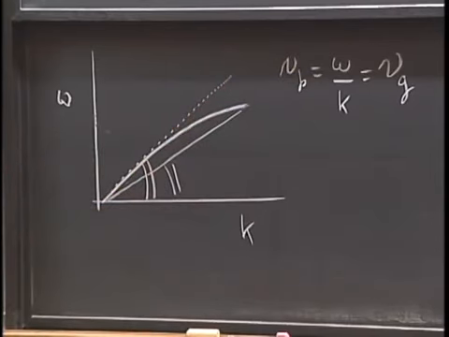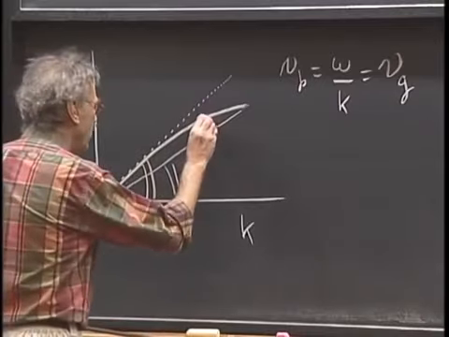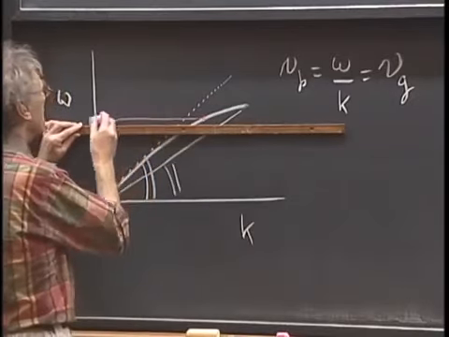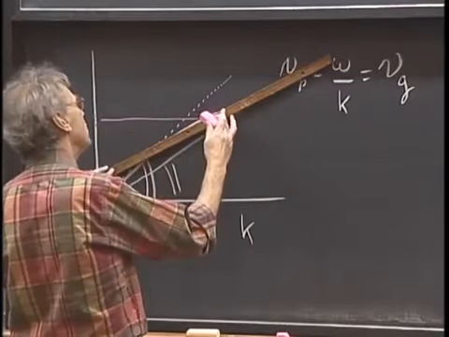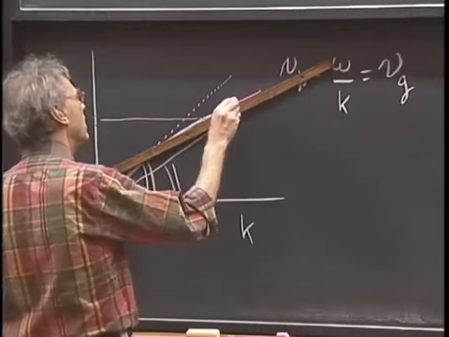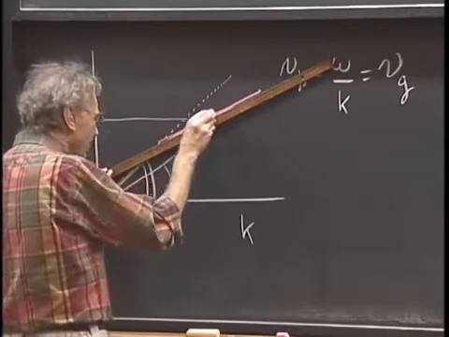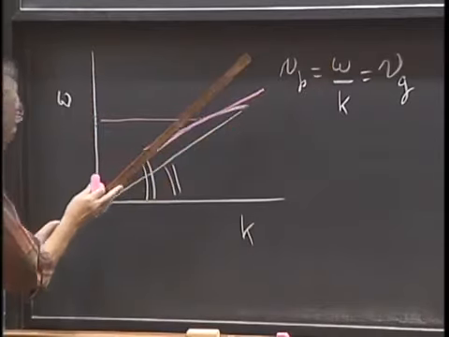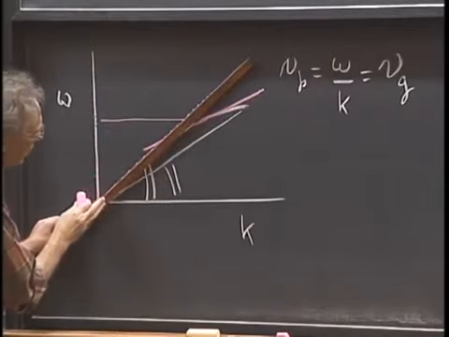But the group velocity is also dependent now on frequency. For instance, right at this frequency here, the group velocity is given by the slope, the d omega/dk. And that group velocity has a different angle, a different slope, than this slope.